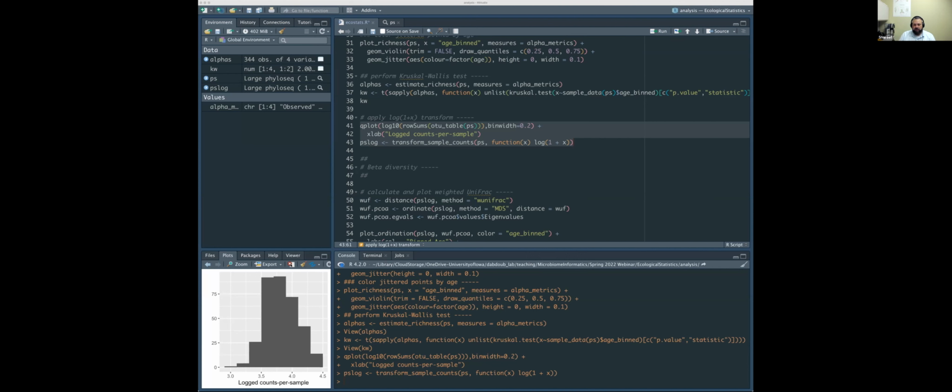And so you can take non-normally distributed data, and after transformation, you might be able to run a parametric test on it and increase your power.